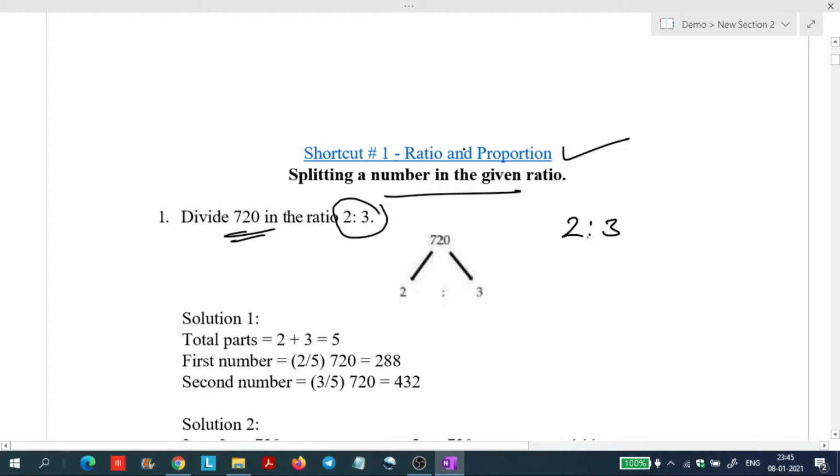Okay, so for this, the total of 2:3 means 2 plus 3, so that is 5.